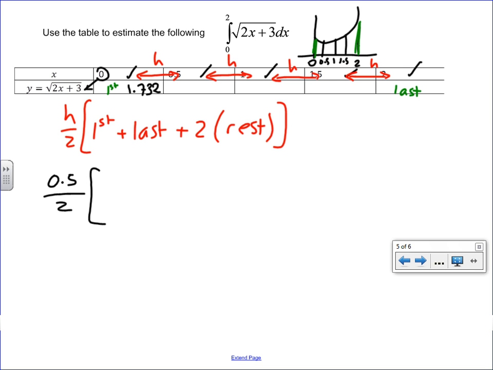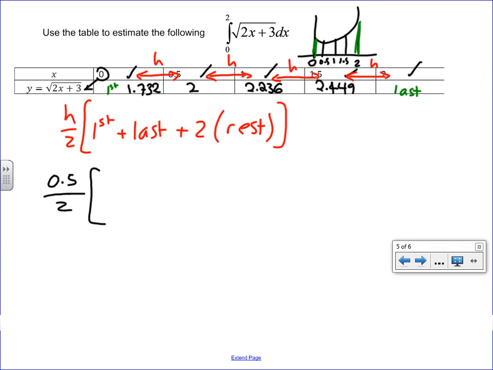So it's 2 times 0.5, add 3, square rooted. That's 1, so that's root 5, 2.236. Then 1.5 times 2 plus 3 square rooted is 2.449.